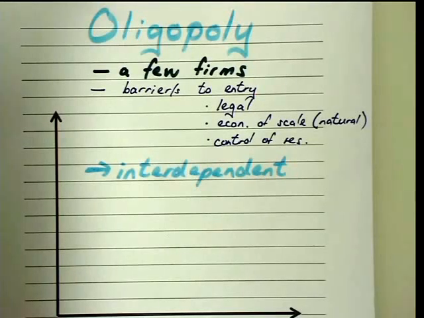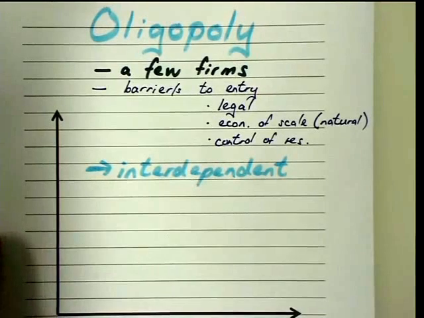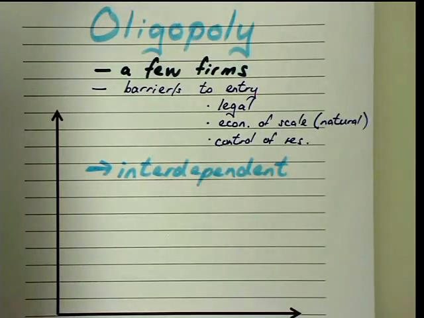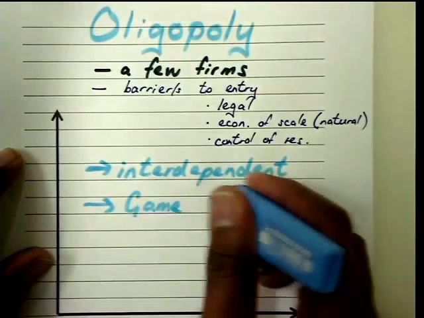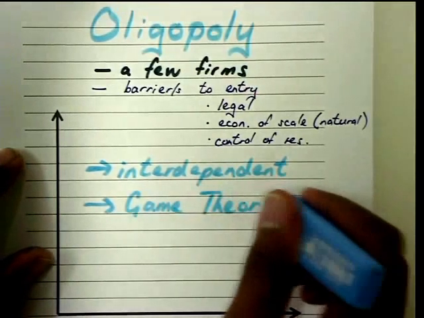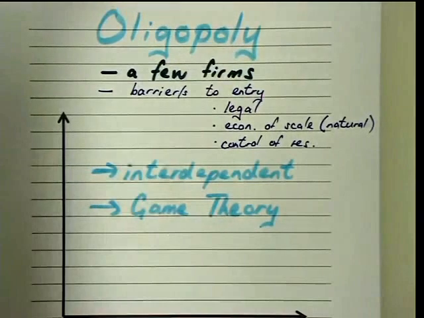Or you can think of it the other way: each firm looks at its rival's actions when thinking of a strategy. This can be a strategy with relation to price, output, or marketing. Therefore, we use game theory, a different tool to help us analyze this interdependence in oligopolies.